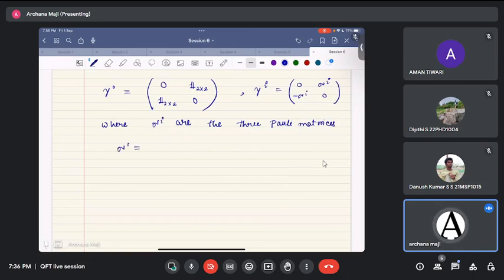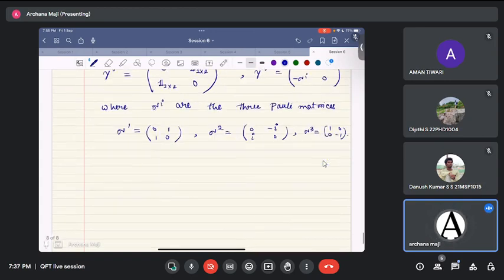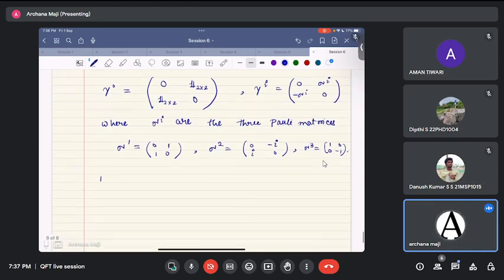So sigma 1 is, just for completeness, let me just write down, one zero zero minus one. Okay, and let's see what is S ij and S 0i. So this is called the Weyl or chiral representation. This above representation.